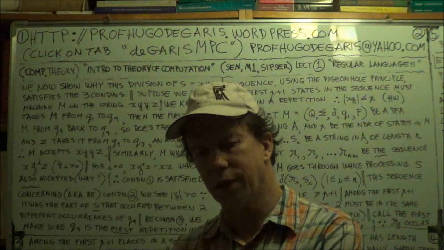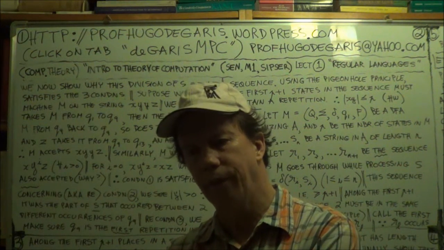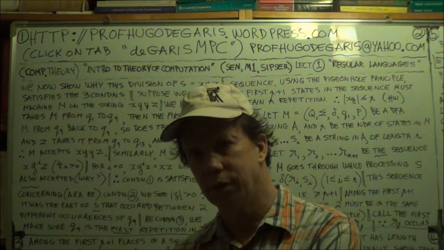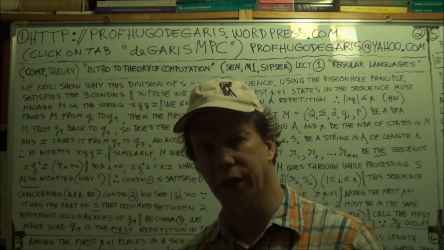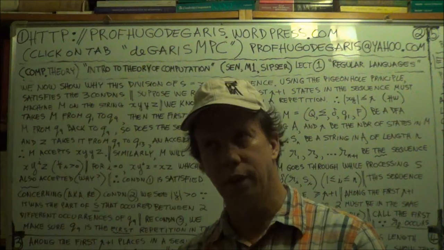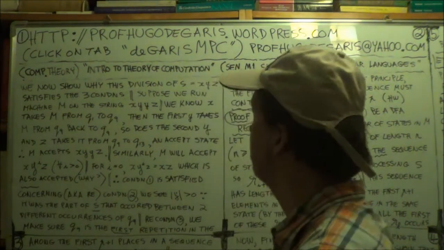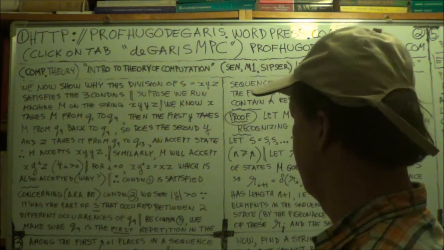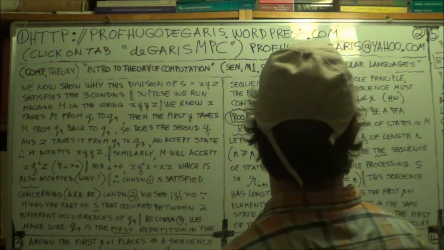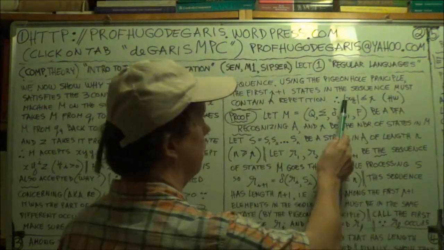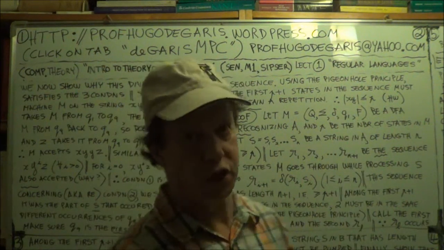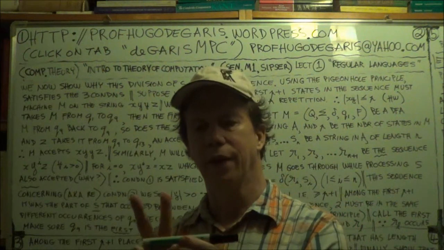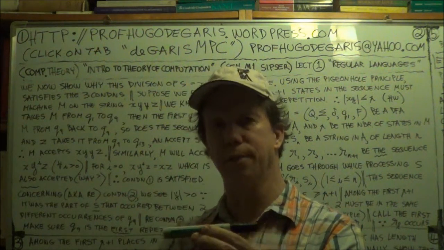And the third is that the size of xy has to be less or equal to the pumping length, in other words, less or equal to little p. I think that's correct. Yes, here it is, that's the third condition. So there are 3 conditions on this pumped string, x, y to the i, z.